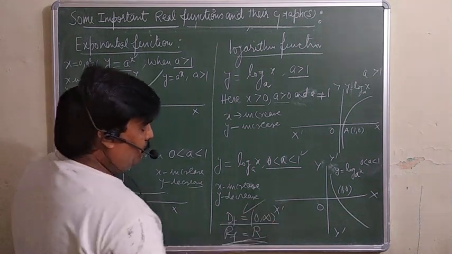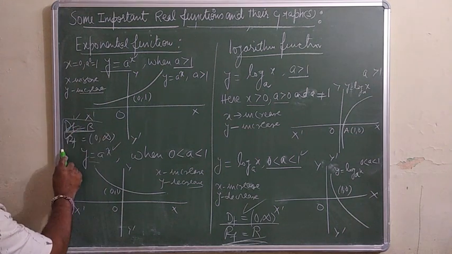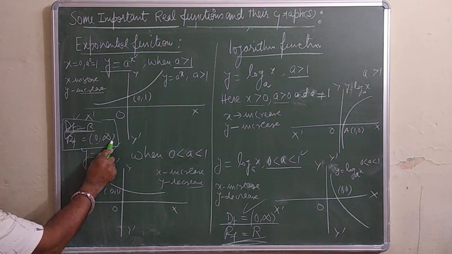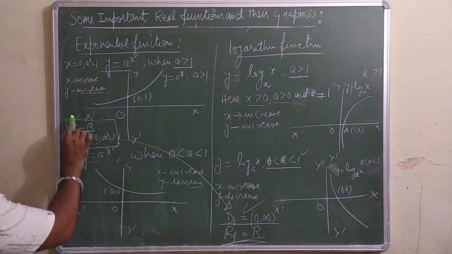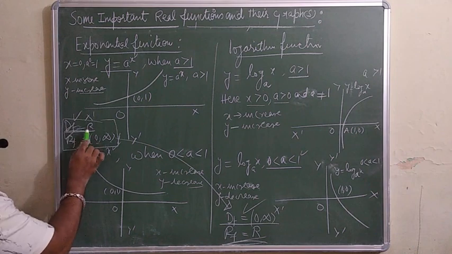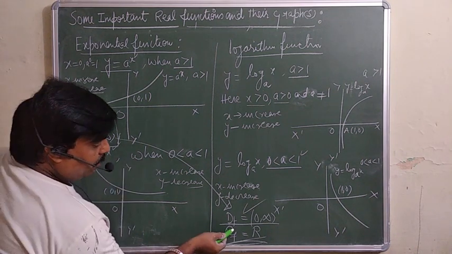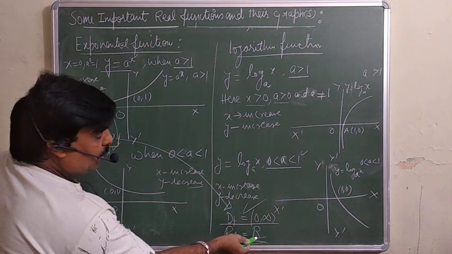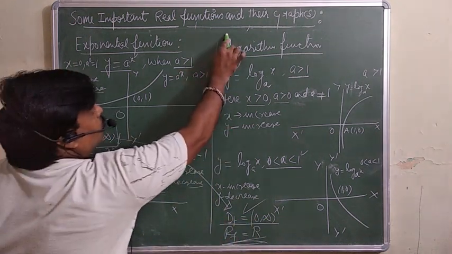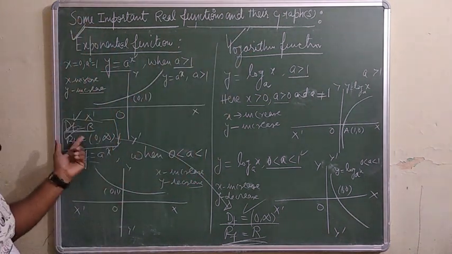So look at here now, here the domain is real and the range is 0 to infinity. यहाँ अगर हम compare करते हैं, तो in exponential function में domain is all the real numbers and range is 0 to infinity. Here the domain is 0 to infinity and the range is all the real numbers. It means you can say the logarithm function इसका inverse होता है. Have a look.